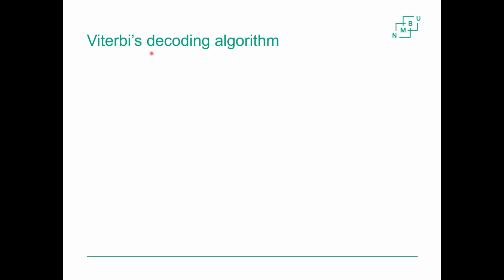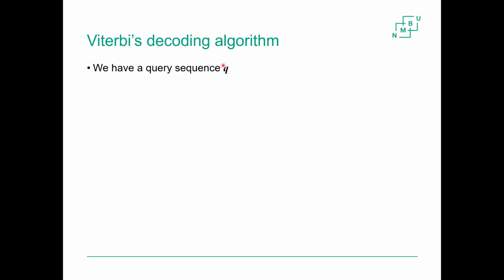Please be aware that the profile hidden Markov model that we are looking at now is just a very special type of hidden Markov model. We can use hidden Markov models to describe patterns of all kinds, having nothing to do with biological sequences. So this is a special case of the Viterbi decoding algorithm, or it isn't really different from the general one, but it's more specified. It's specified in more detail.